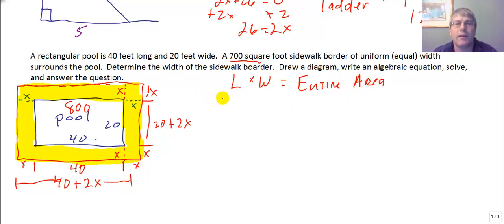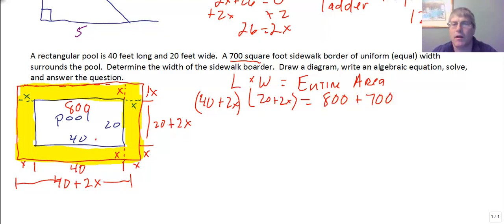So from this we can write our equation. So we have 40 plus 2x times 20 plus 2x equals the area of the pool, 800, plus the area of the sidewalk, 700. That's our total area. So our total area is 1,500 square feet.